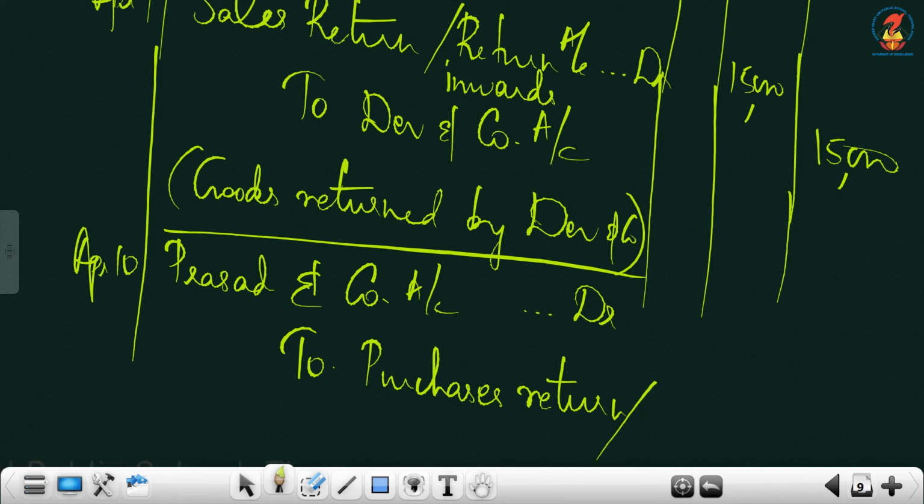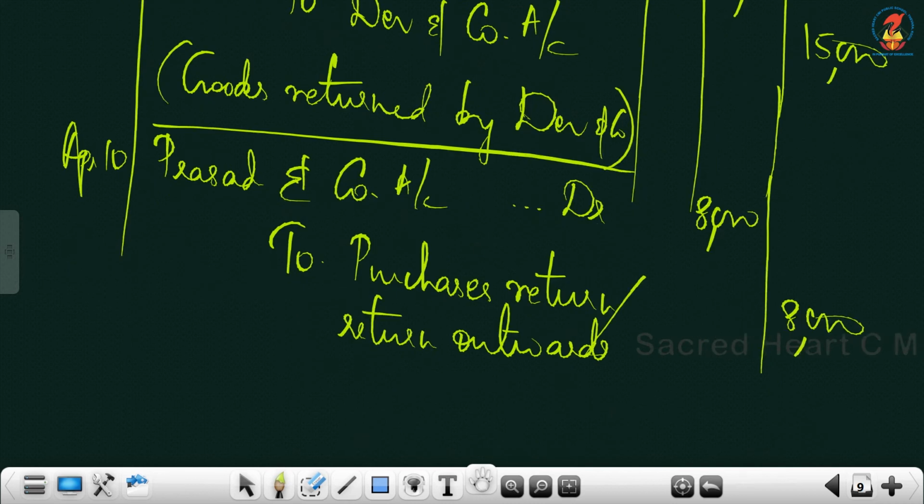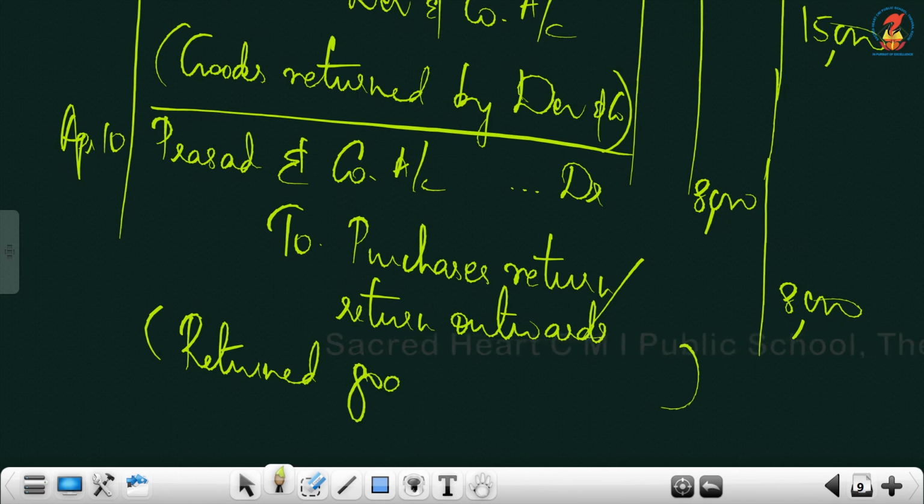Purchases return account must always be credited. Or it is also called return outwards. The amount is 8,000. Narration: returned goods. We are returning goods.